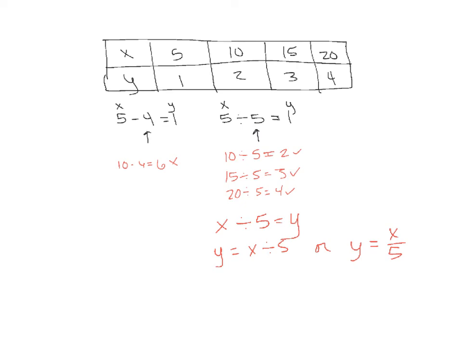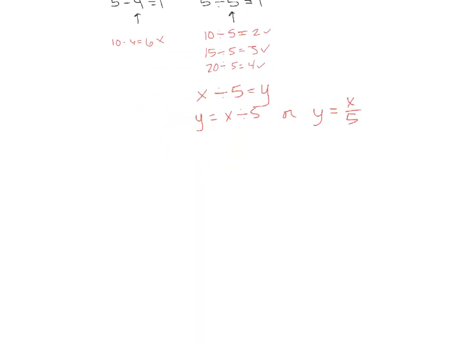And let's do one of these evaluating ones. We're going to do h of r equals 1/3 r plus 2, and we're going to find h of r when r equals 600 and r equals -12.